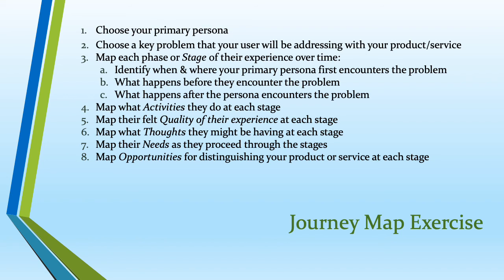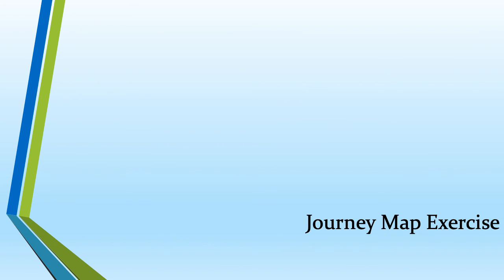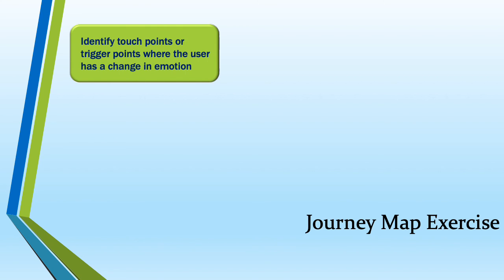Here's the guideline for creating a journey map. Complete all the steps and draw a one-slide map for your primary persona. As you create your map, identify touch points or trigger points where the user may have a change in emotion.